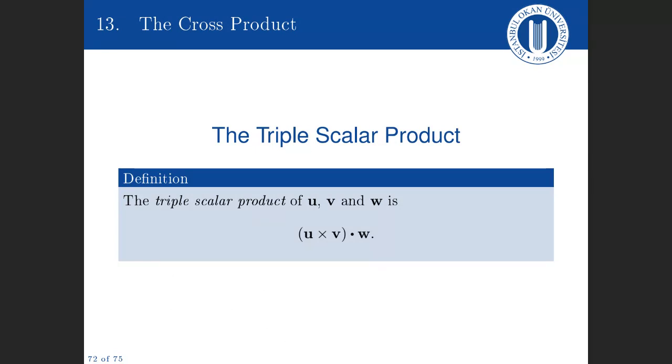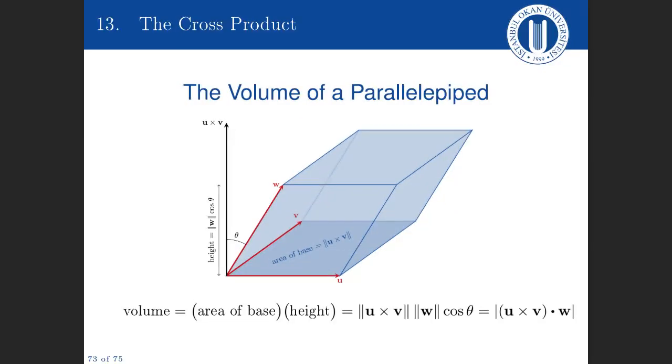We have something called the triple scalar product of u, v, and w. And we need these vectors to be in this order. That's u cross v dot w. What's that useful for? That's useful for calculating the volume of a parallelepiped, which is a three-dimensional object like this. The volume of this is the area of the base multiplied by the height.